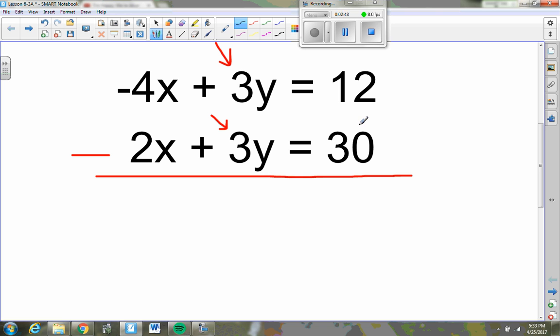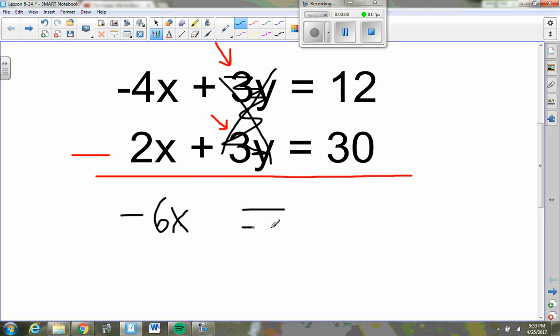Now the order does matter in this case, so we have to be careful to do negative 4, take away 2 more. Negative 4 take away 2 more gets us down to negative 6x. 3y take away 3y actually cancels out. Those are not there anymore.